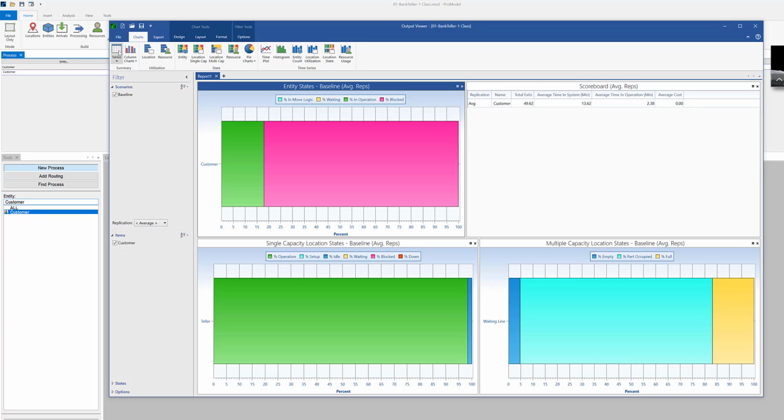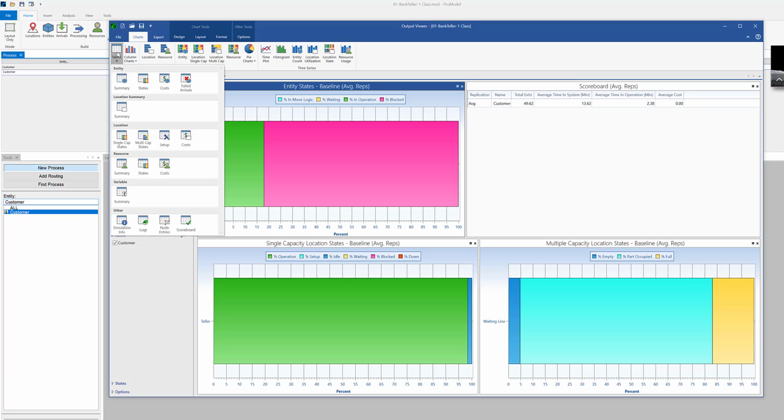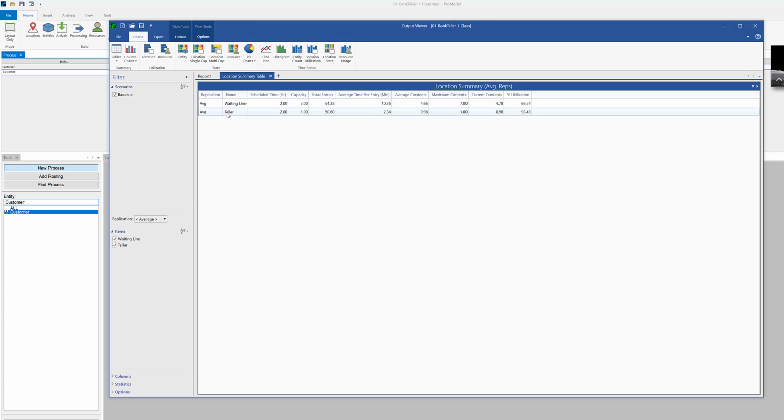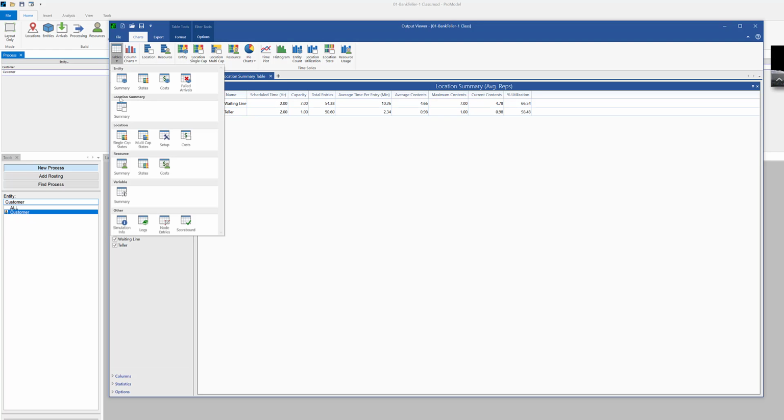Here we have some tables. So the location summary. That's our waiting line. Average time, teller. Again, what we saw in graphical form, this is the data source for those graphical representations.